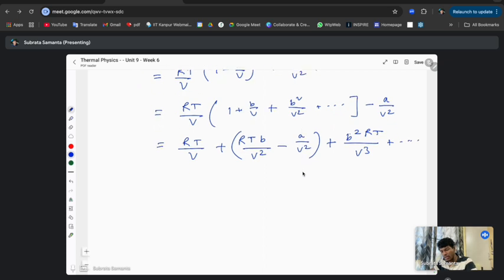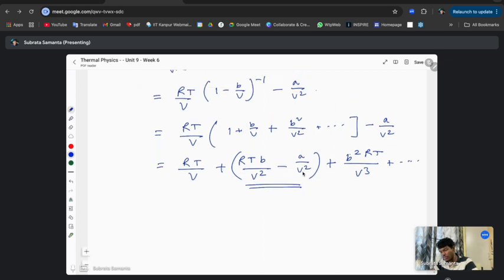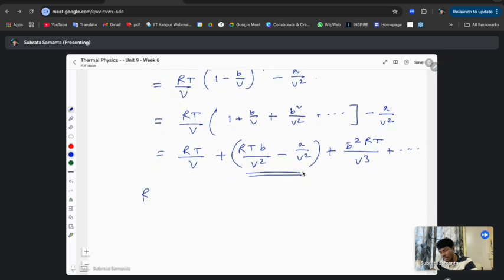Now if we take PV over RT, it equals 1 plus RTB minus A over RT, so this is basically B minus A over RT times 1 over V, plus B square times 1 over V square plus dot dot dot.